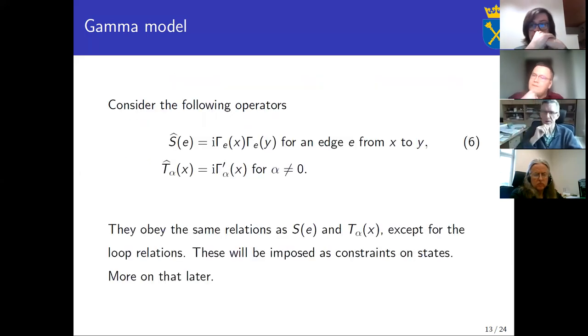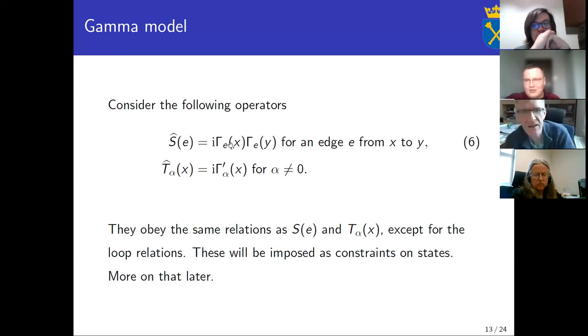Let me ask about that again. The reason the loop relation held was because in your multiplication, the psi-0 from one edge met the psi-0 from the other edge, and they squared to 1, right? And now it doesn't hold because you're going to have to multiply a gamma E with a gamma E prime. Well, these loop relations only involve S's, so gamma prime will not enter at all.